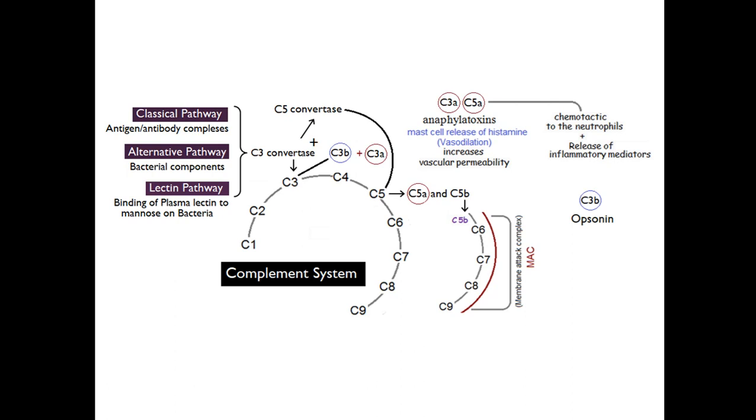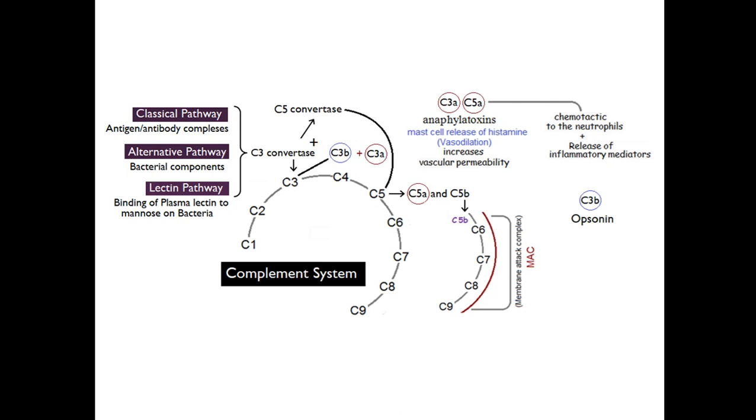The increased caliber of the blood vessels caused by the histamine is known as vasodilation, and with the increased vascular permeability, the fluid from the blood as well as the inflammatory cells go into the extravascular tissue, and they are responsible for the cardinal signs of inflammation, like erythema and warmth, in which the inflamed tissue feels hot, and exudation, which is due to increased vascular permeability, which results in edema and swelling.